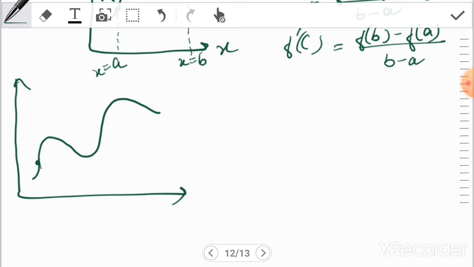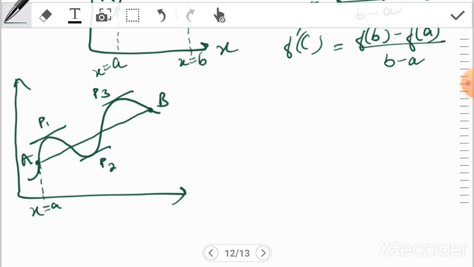Let us see this as A, this is B, this is P1, this is P2, this is P3, this is chord AB, this is at x is equal to a, this is at x is equal to b.